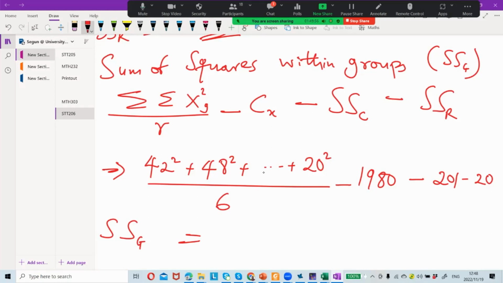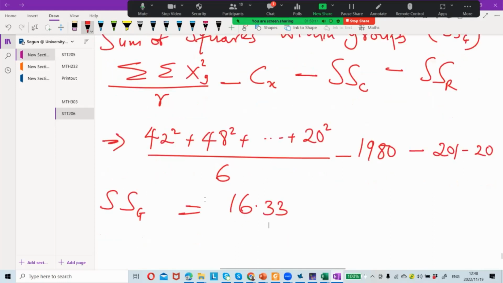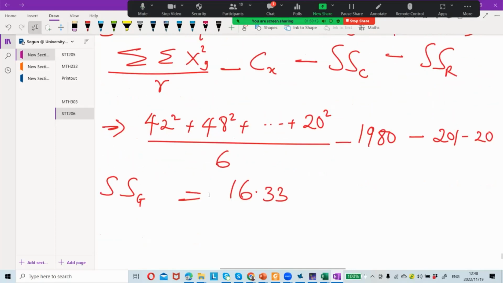Can we do it? The answer is what? Just square this. 16.3, probably, or 15.3. Which one is the final answer? All you need to do is square each of them and divide by 6. Then the answer you have here minus this, and minus this. That's all.